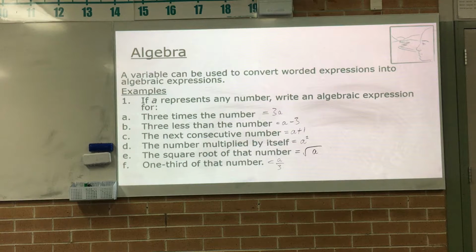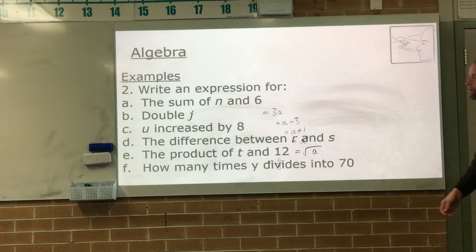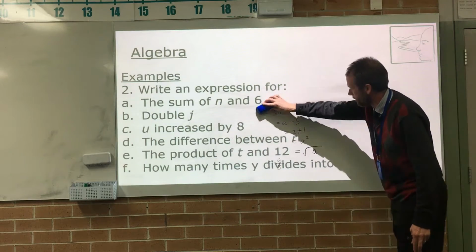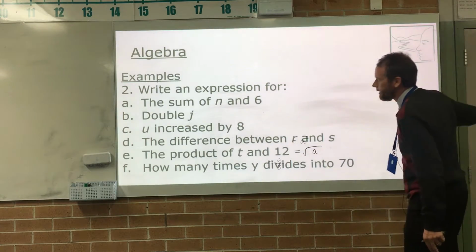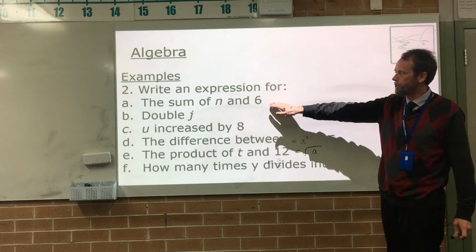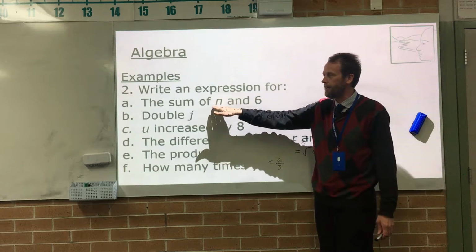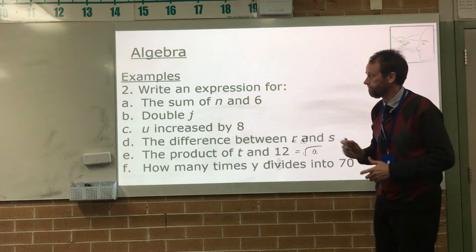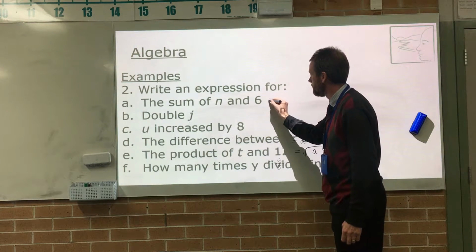So here's the next lot, and of course I need to rub out some of this. I'll leave the bottom one so you can keep keeping up with that. But this one asked me to write an expression for, and it gives you the letter and then the number as well. So the sum of means the addition of, or adding those two numbers together.